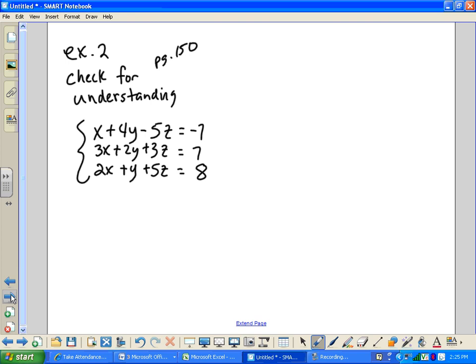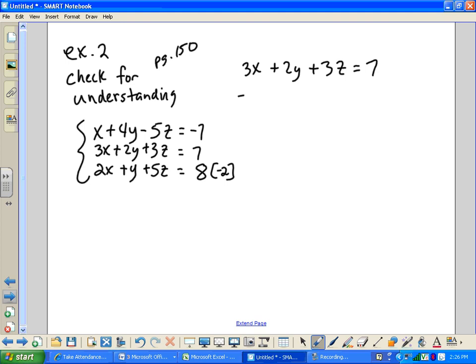All right, so I'm going to eliminate the y's, and I'm going to have to do it twice to get a 2 by 2. So what I'm going to do is put the second and the third equation together to eliminate the y's, but notice there that I'm going to have to multiply that bottom one by -2 for that to happen. So I'm going to copy the middle one over here. And now I'm going to do the bottom one, but again, I'm going to have to multiply this one by -2.